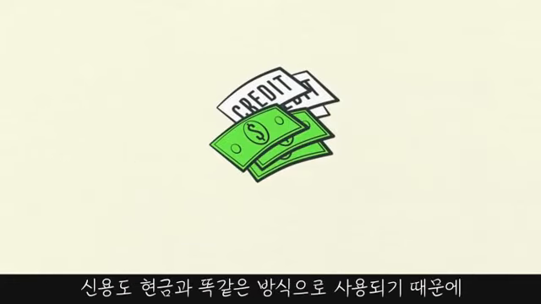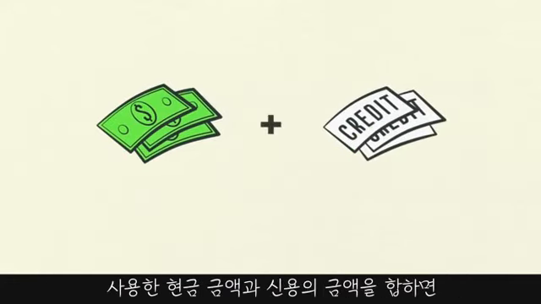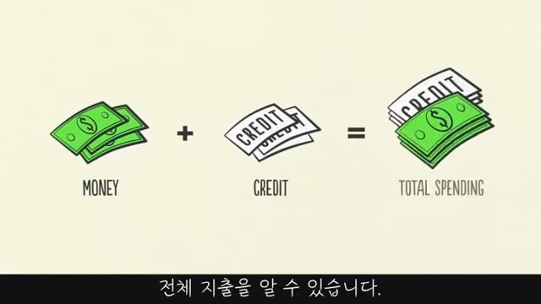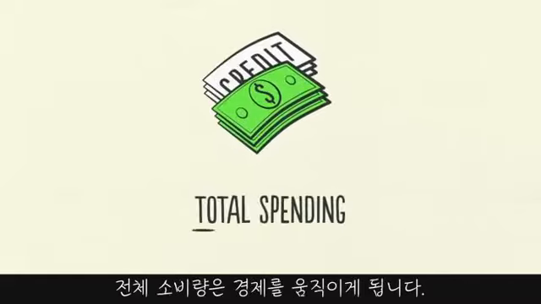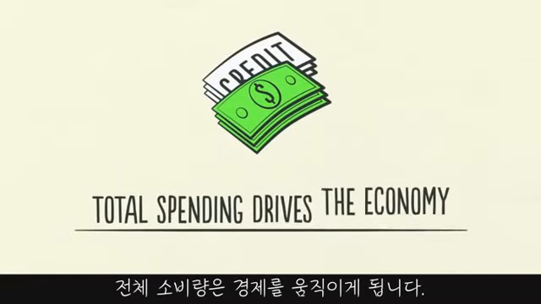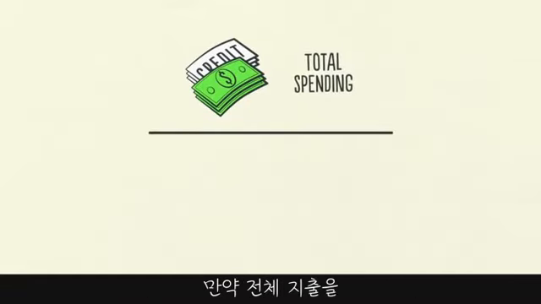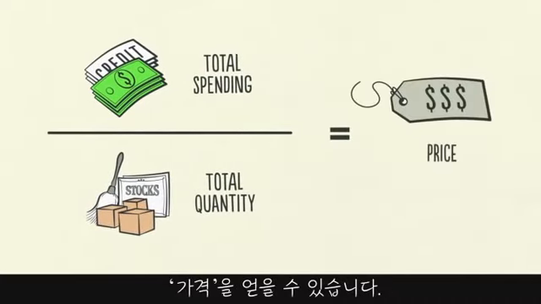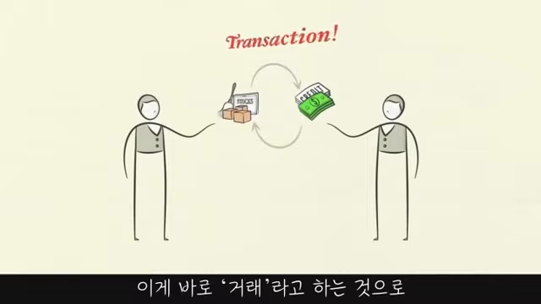Credit spends just like money, so adding together the money spent and the amount of credit spent, you can know the total spending. The total amount of spending drives the economy. If you divide the amount spent by the quantity sold, you get the price. And that's it. That's a transaction.